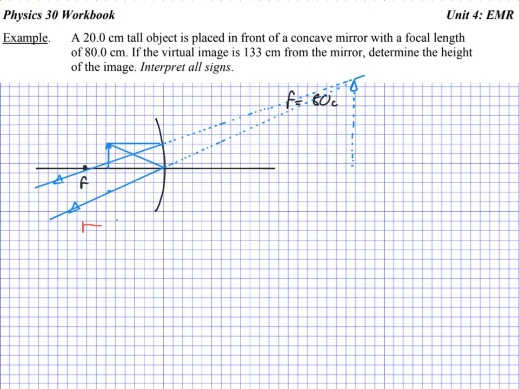Now, just for scale, just to kind of rough this in so that we know what's going on, this here, I've said, is 80. Which means this DI has to be greater than 80.